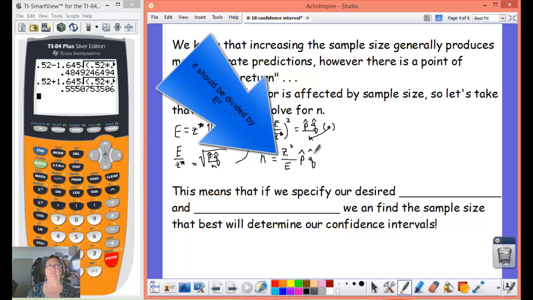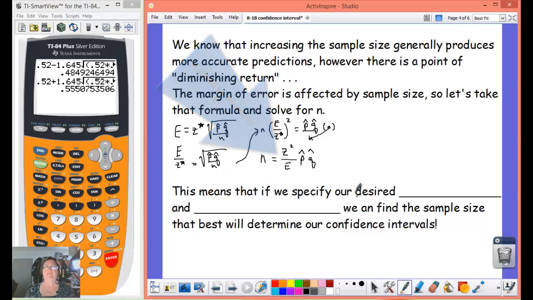So if you think about this, folks, if we specify our desired level of error, okay, and our desired confidence level, so I'm going to put confidence level here, because we have to have it so that there's only one variable that's unknown.